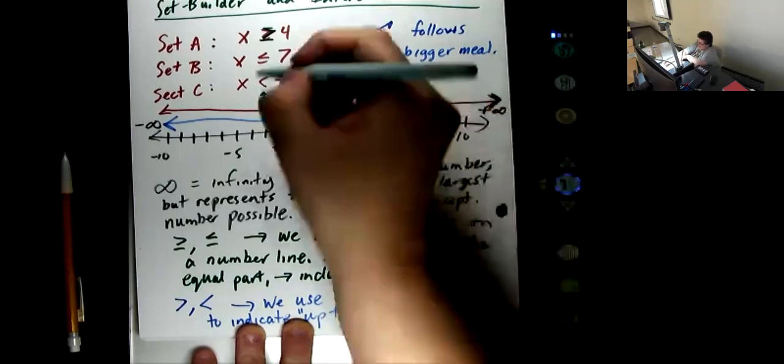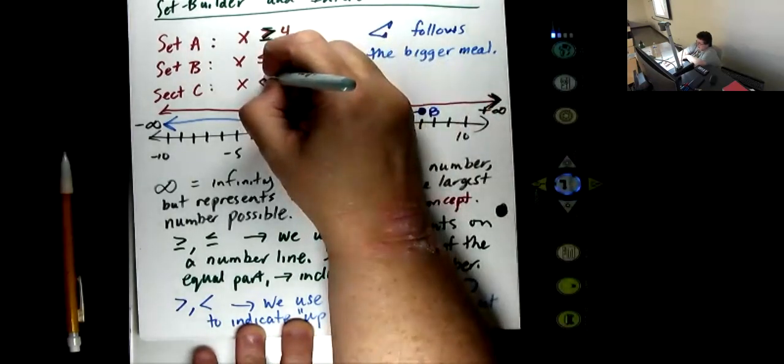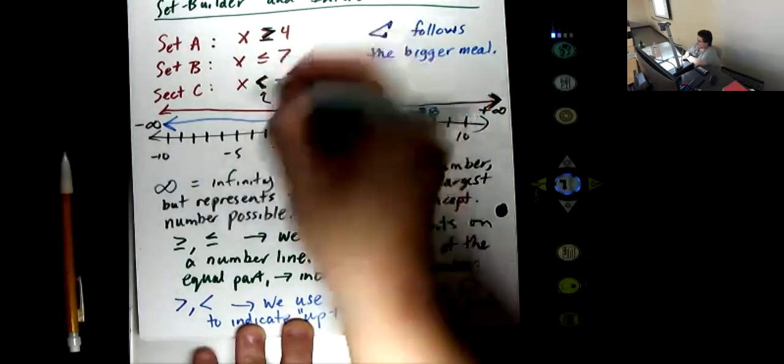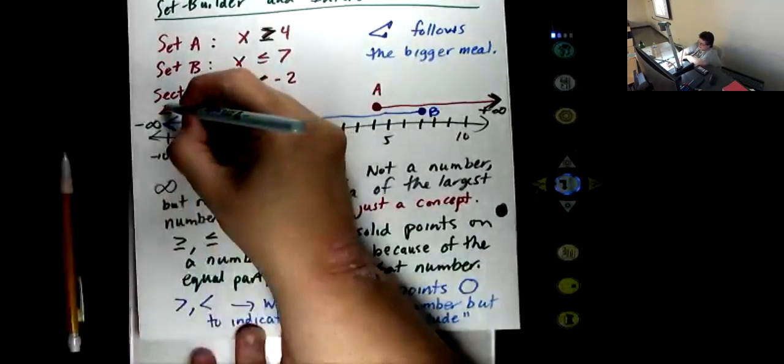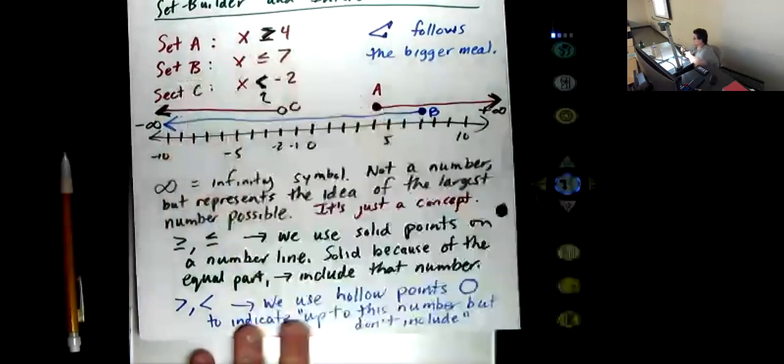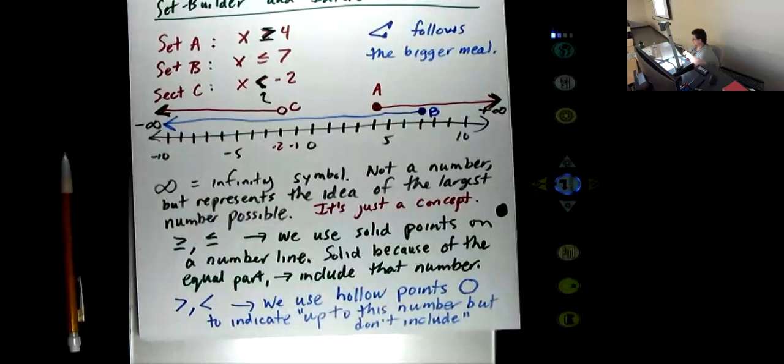X is less than -2 looks like an arrowhead pointing to the left. So that's the direction it's going to go. X has to be on the left though. If it's on the other side, it's pointing the wrong direction. That's a quick, nice little shortcut for deciding which direction they go. That's just plotting them on a number line.